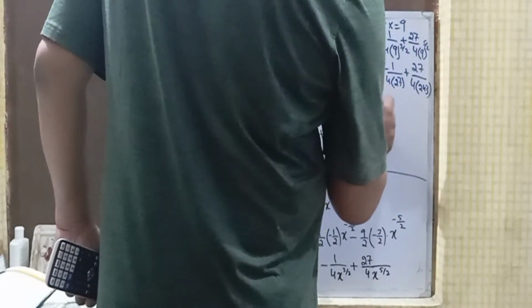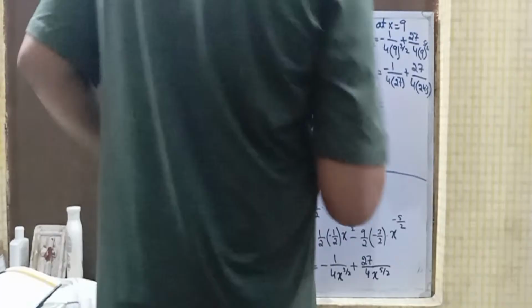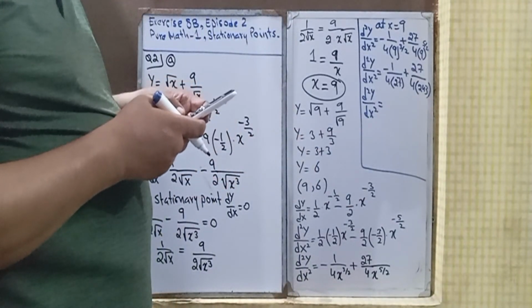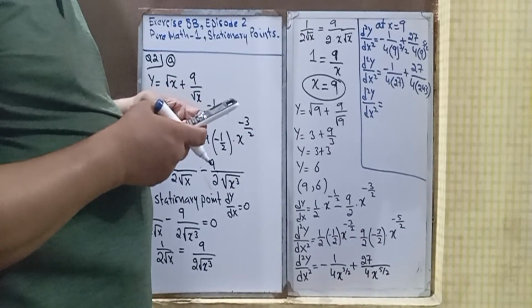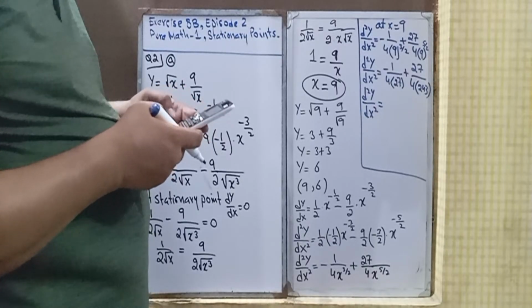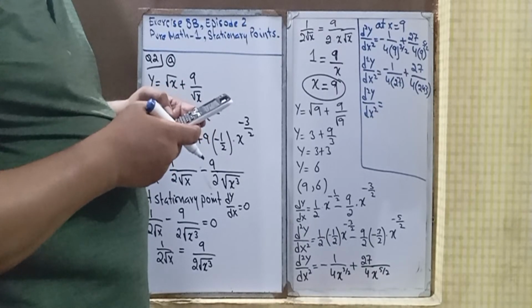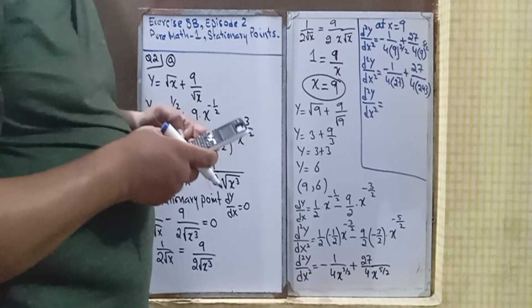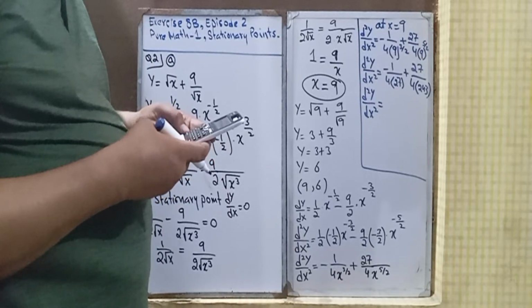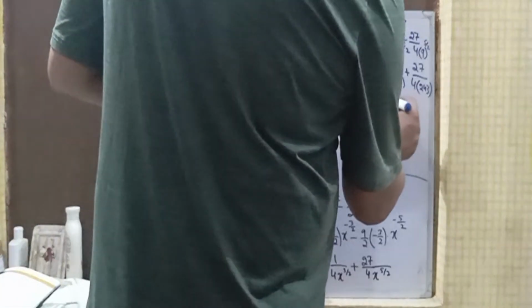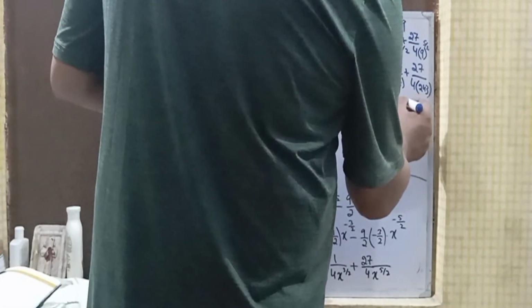Okay, now d²y/dx² will be equal to, you need to do this calculation: minus 1 divided by bracket 4 multiply 27, bracket close, plus 27 divided by bracket 4 multiply 243, bracket close, equals 0.0185.